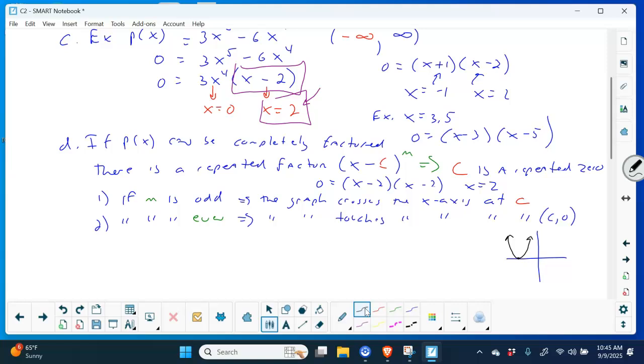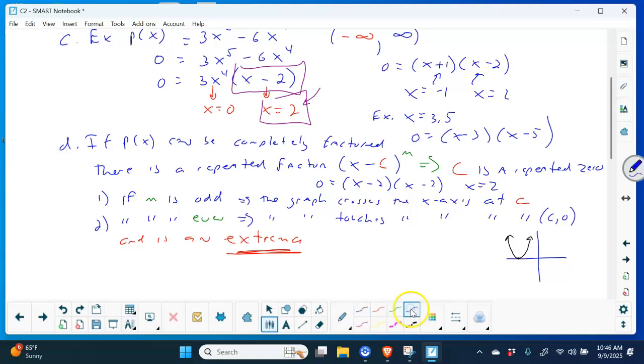What does that result in? It is an extrema. So whenever you have multiple of the same factor and the exponent is even, 2 of them, then it touches right at it.